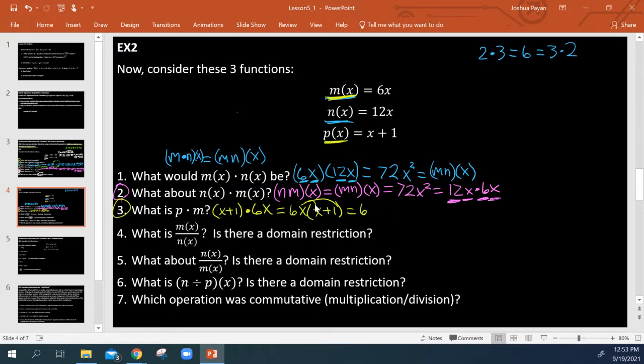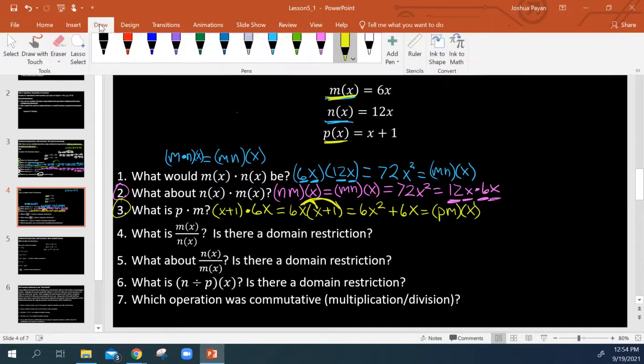So this is going to give me 6x squared, right, because 6x times x, plus 6x times 1, which obviously is just itself, 6x. So this would be equal to p times m of x.